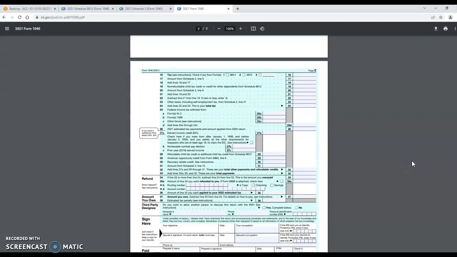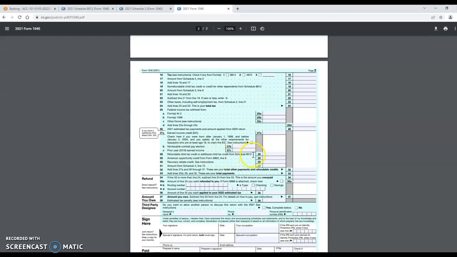In 2021, if John lives in the United States, which he does, then all of it automatically goes to being refundable. And so that's going to be here on line 28.